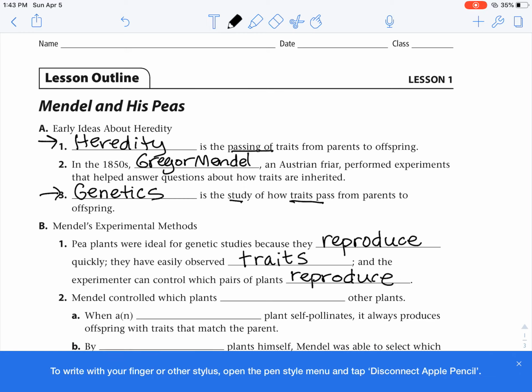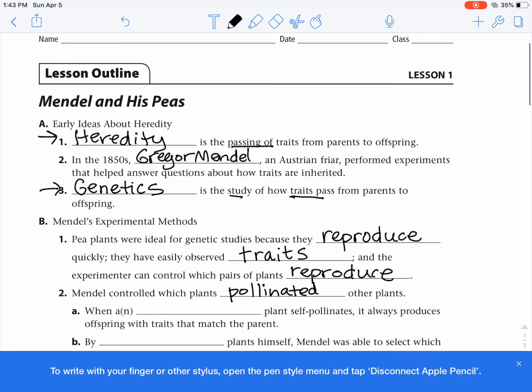All right, remember he did that by removing either the female or male part of the flower. Okay, number two, Mendel controlled which plants pollinated other plants.